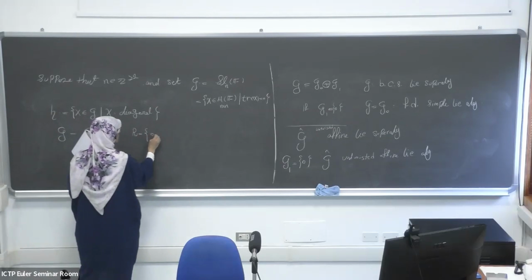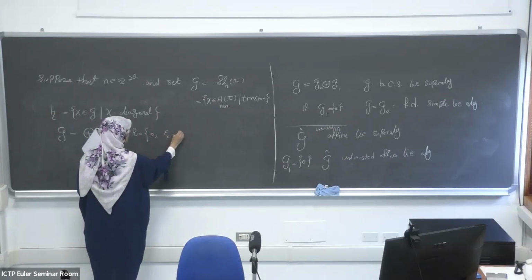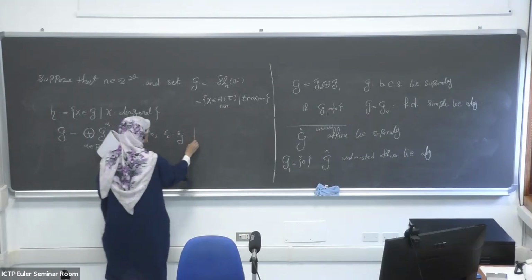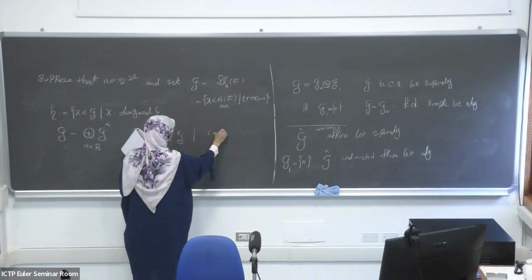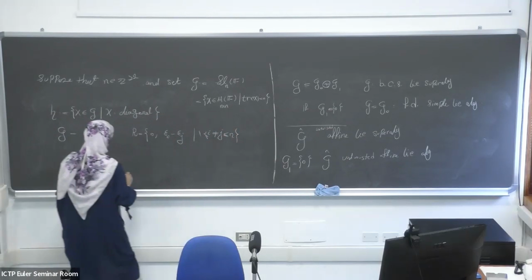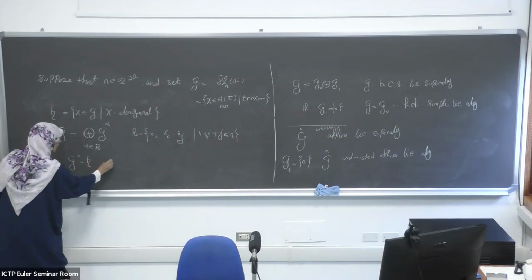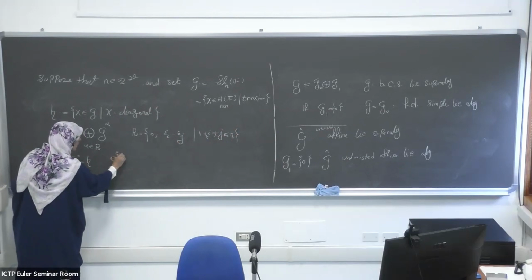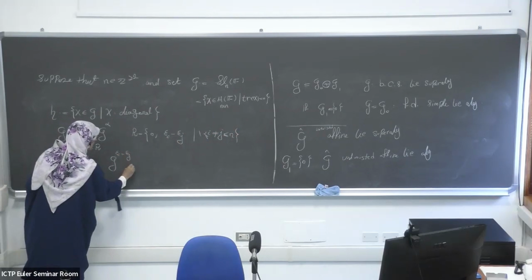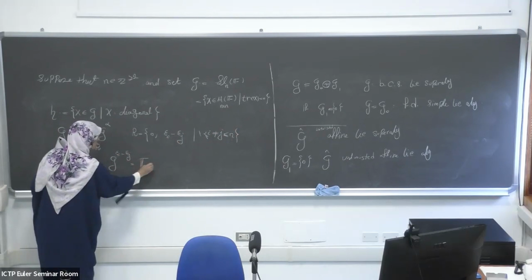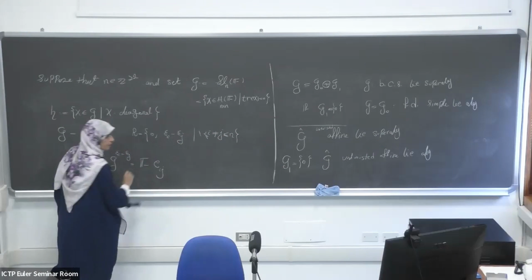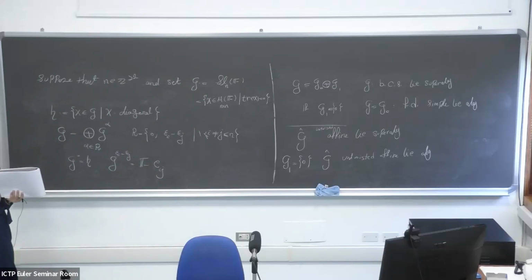R was 0 and epsilon_i minus epsilon_j when i is not j between 1 and n. And G0 is just H, and G_{epsilon_i minus epsilon_j} is just F E_ij, right?